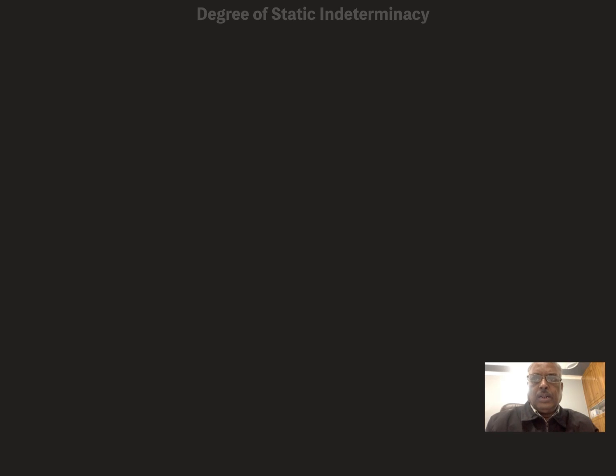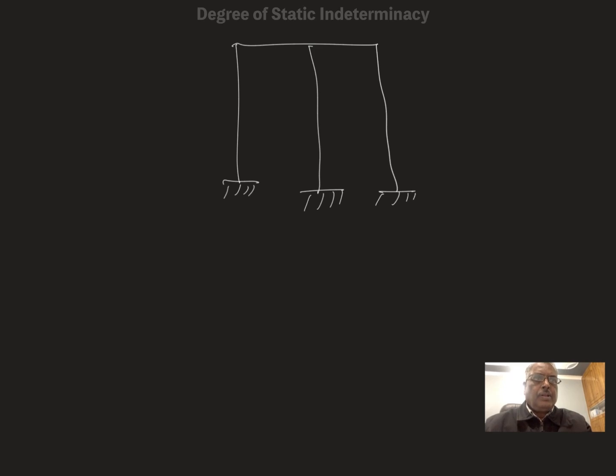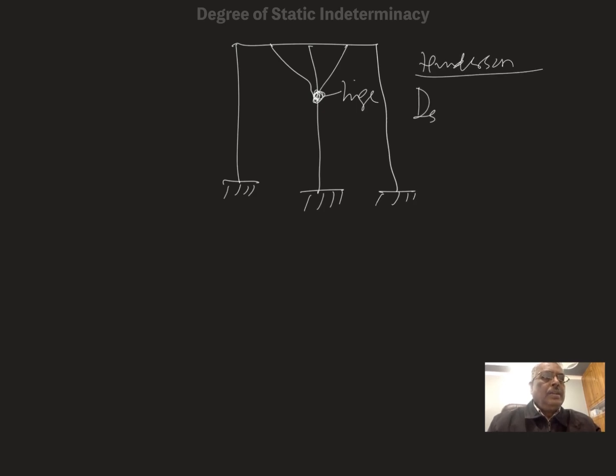Now taking another example of a frame. This is the frame, and this is the hinge. First I am going to find it with the help of Henderson's rule, and then it can be verified by the method of joints. By Henderson's rule, ds is equal to 3c minus r dash. Here r dash is equal to the number of members meeting minus 1.